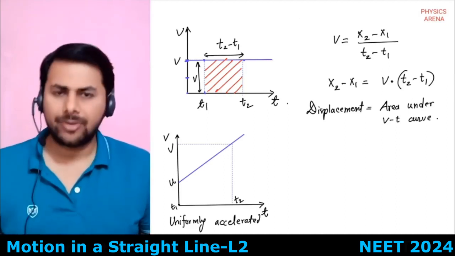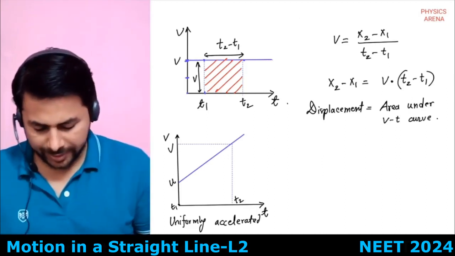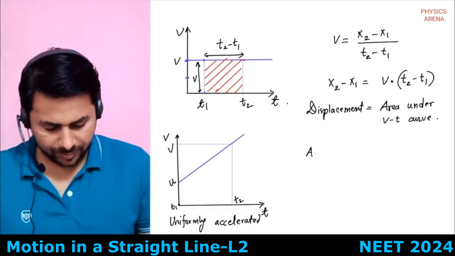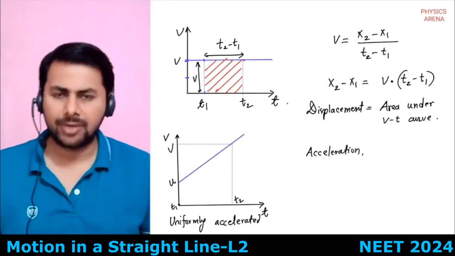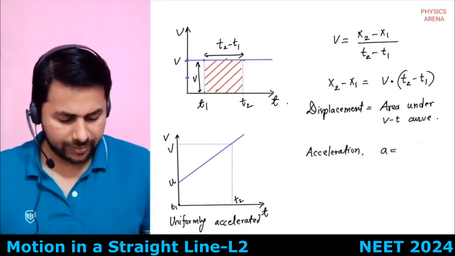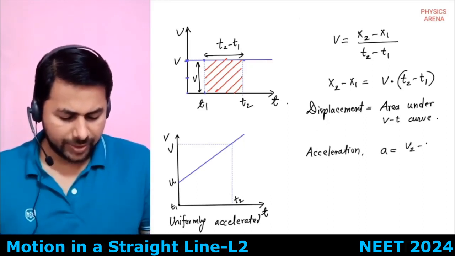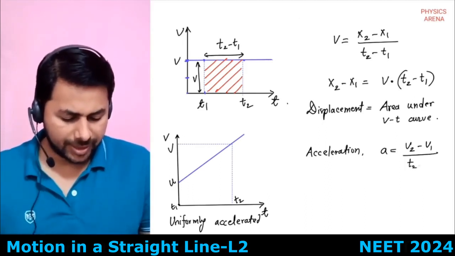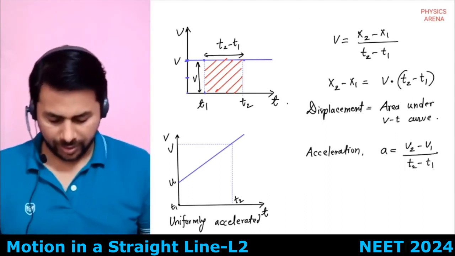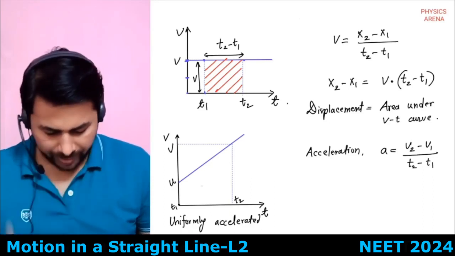So I can find out acceleration. Acceleration a is equal to v2 minus v1, or I can say v minus u, divided by t2 minus t1. And what is that thing?